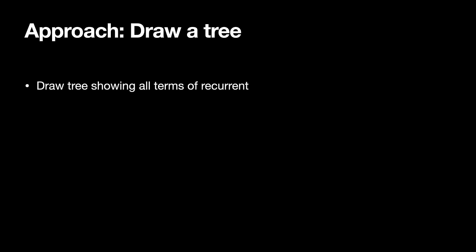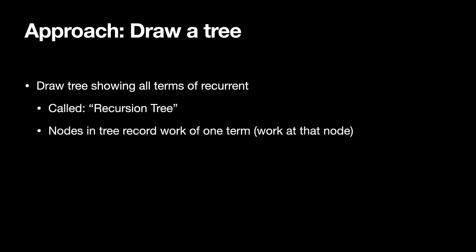This tree will include the recurrent terms. It'll be called the recursion tree. Each node in the tree will be a record of work done for a particular term in our expansion. So it'll be work done at that particular instance of the function, or method, actually. Then our goal is to do some accounting, add up all the nodes in the tree.